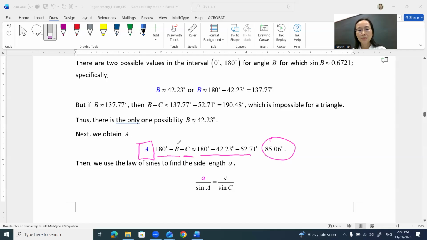When we take the possibility that B is acute, we find A is 85.06 degrees.